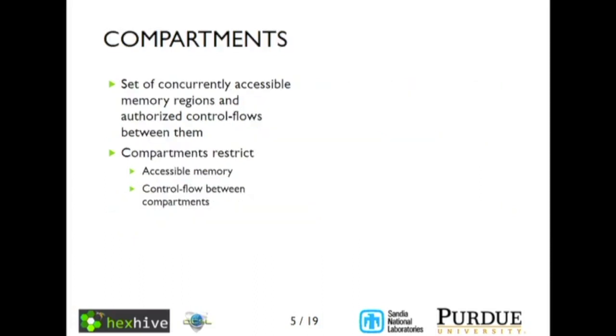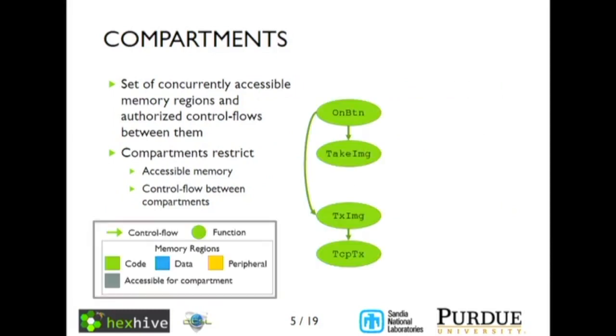More formally, a compartment is a set of concurrently accessible memory regions and authorized control flows between them. So a compartment is going to restrict both control flow and what memory the application can use. Here I've got a simple control flow of an application, or call graph. It's got 4 functions: on button, take image, TX image, TCP echo. The green arrows are calls.